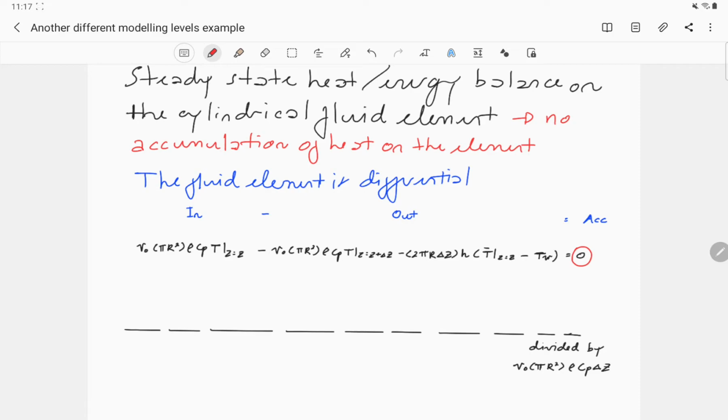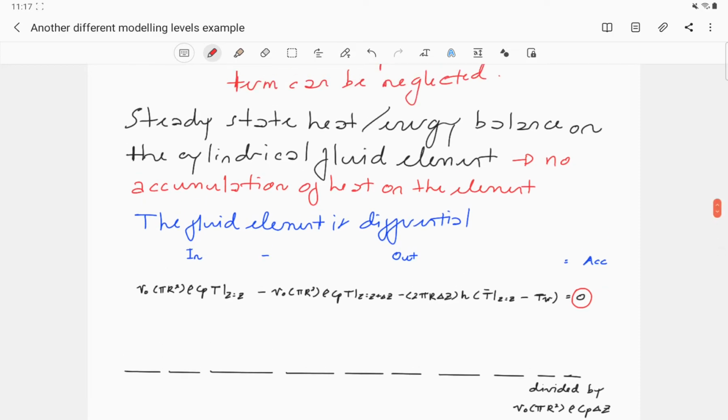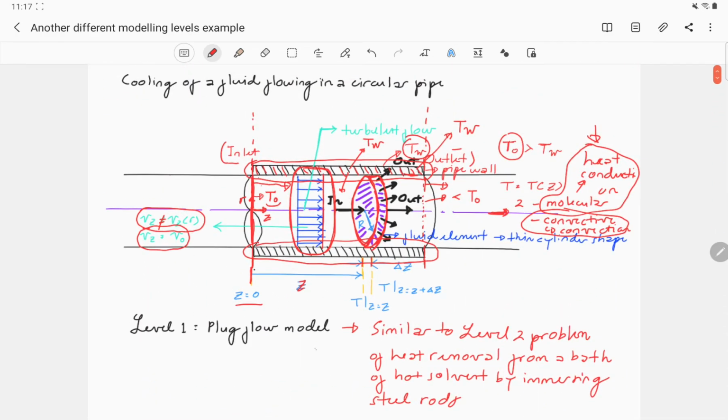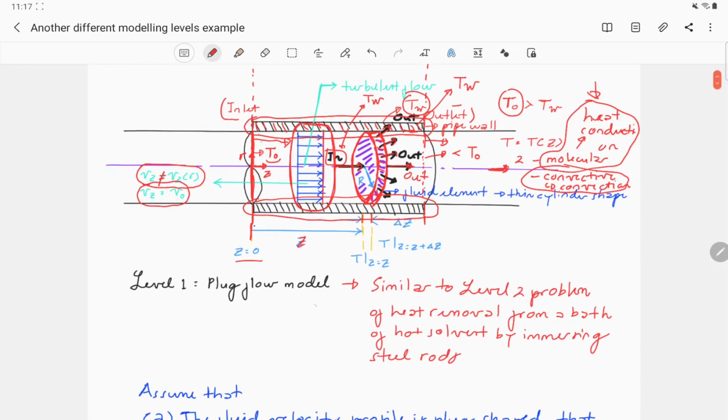So we go back again to the fluid element, inspected in here. We have this in mechanism, and then we have two different out mechanisms. So this is going in, and this is going out in here. And then we also have the particular fluid element surface that is in contact with the pipe. So this one is restricted by this particular surface in here.